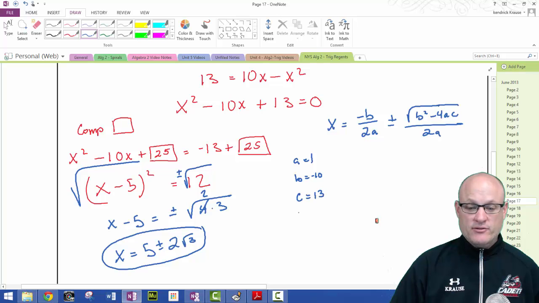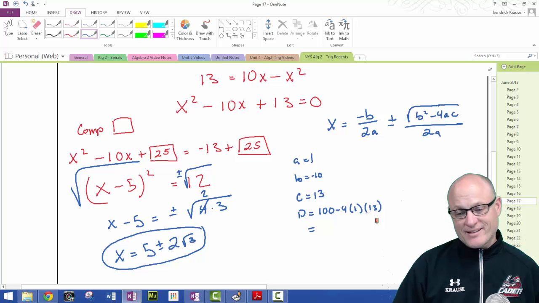And I make my kids find the discriminant, which is b squared, which is 100, minus 4 times 1 times 13. Let's see. 13 times 2 is 26, times 2 is 52, so this would be 48. 100 minus 52 is 48.